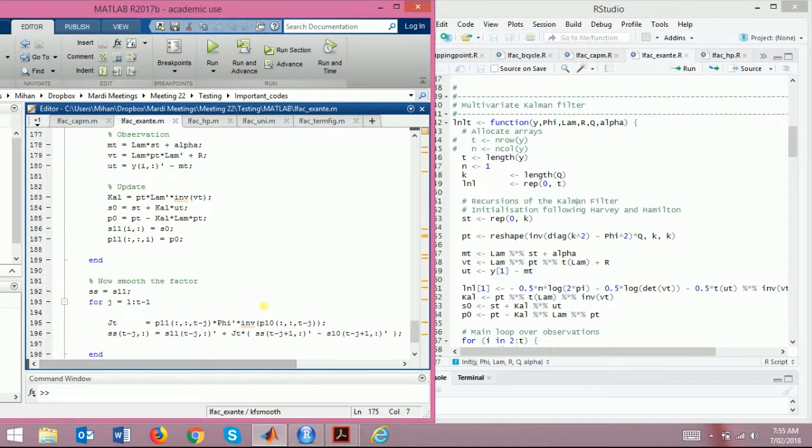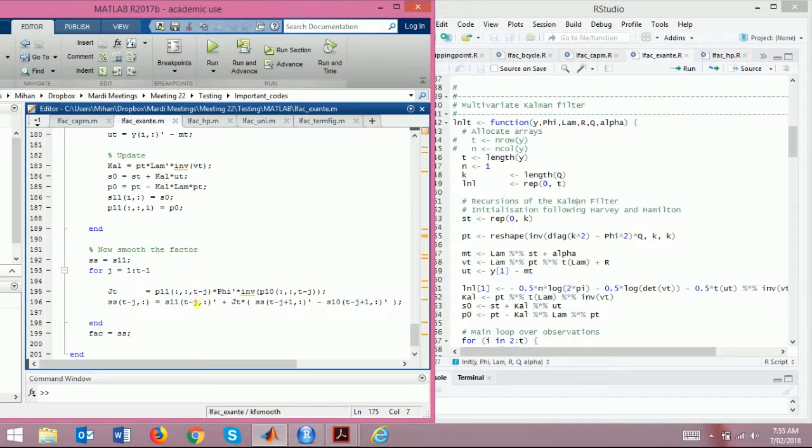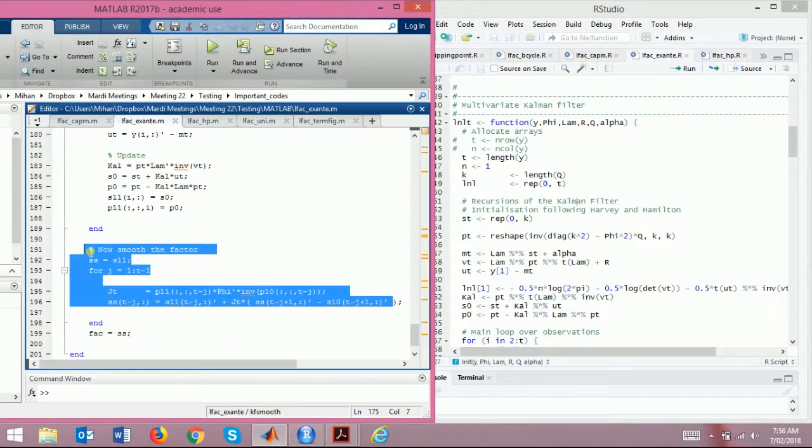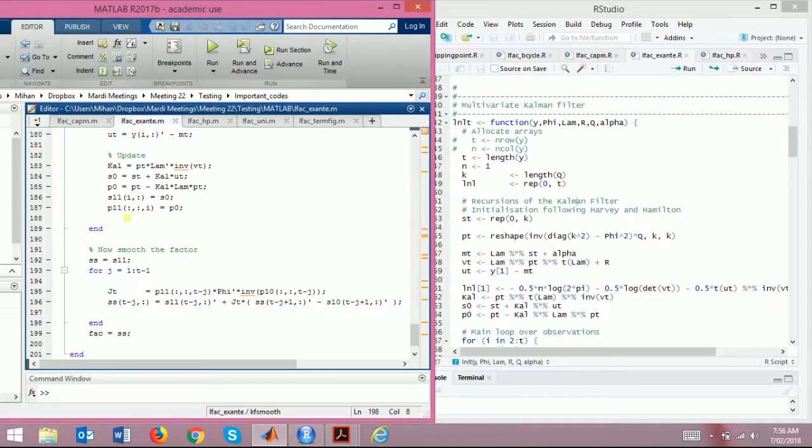So these two differences are taken, and we use them for our j and for SS. This we have shown before, exactly the same. It is a bit difficult, but we just have to remember when to bring in the prediction estimate and when to bring in the smooth estimate.